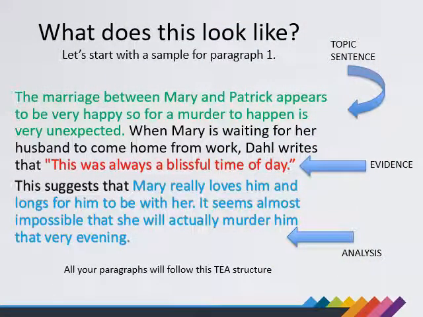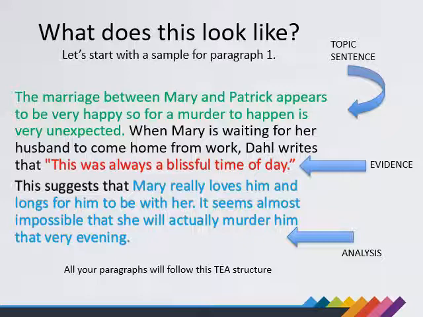So what does this actually look like? Let's start with a sample for paragraph 1. In green here, we've got our topic sentence. This always comes first because what a topic sentence does is give the topic of your paragraph and pretty much sets out what the paragraph is going to be about.